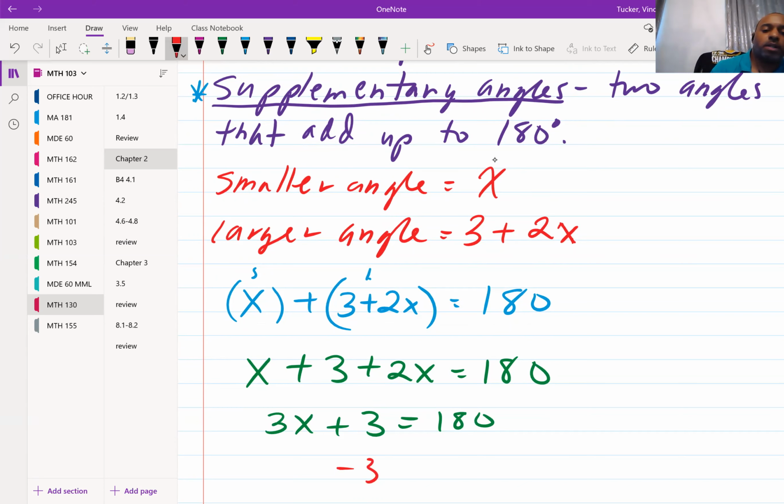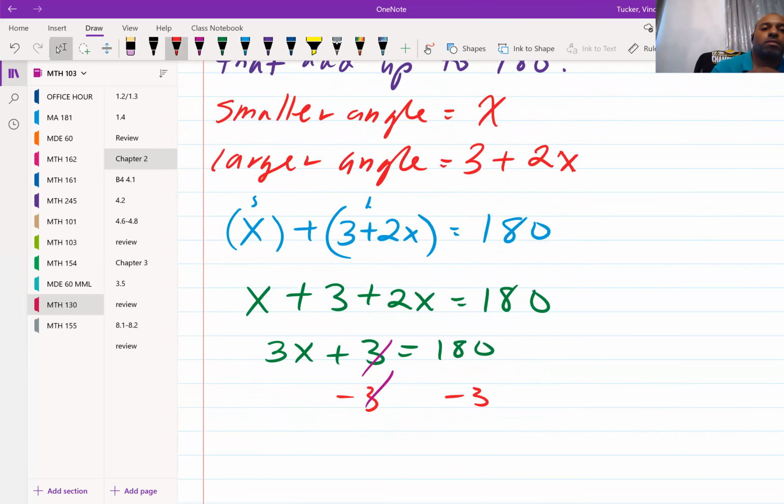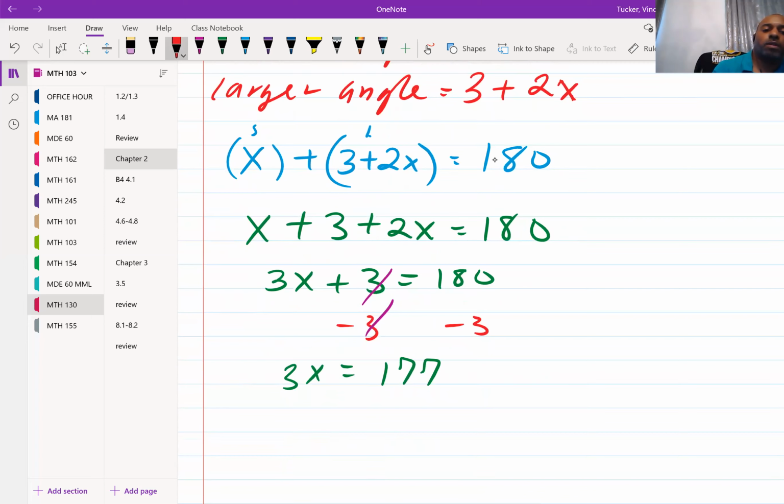So now we will minus 3. That's 177. Divide both sides by 3. X is going to be equal to, what's that, 59.